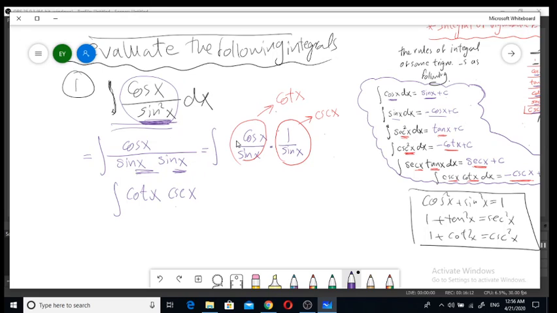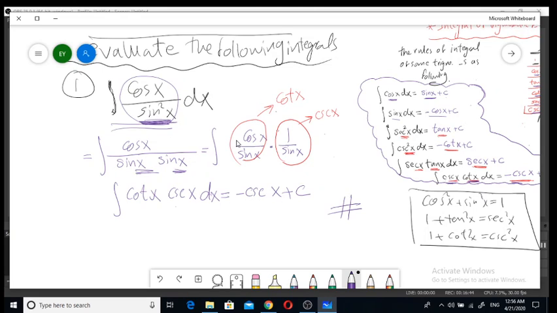And we know that the integration of cotan x cosec x or cosec x cotan x with respect to x is going to be negative cosec x plus c. And this is the final answer.